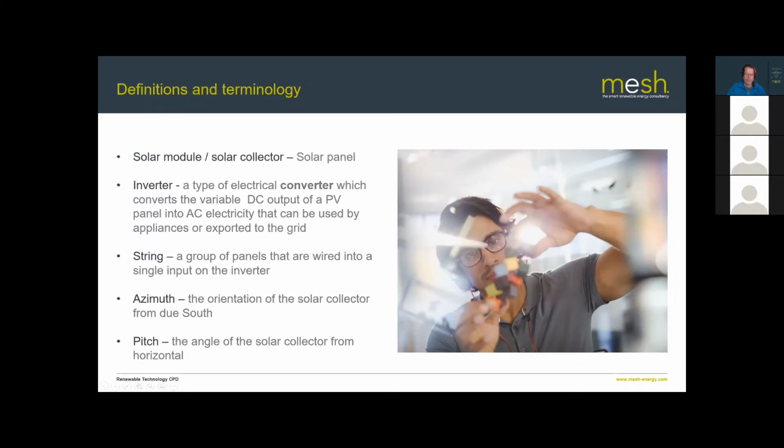In the UK, the ideal pitch for a solar panel is between 30 and 40 degrees. As you get closer to the equator, that angle flattens off, and as you get further away from the equator, that angle increases. So if you were up in northern Sweden, you'd probably find it maybe 50 degrees. If you were down somewhere near the equator, then it might be closer to horizontal, maybe 10 or 20 degrees.